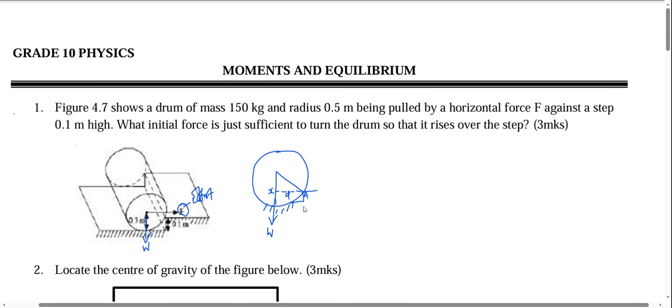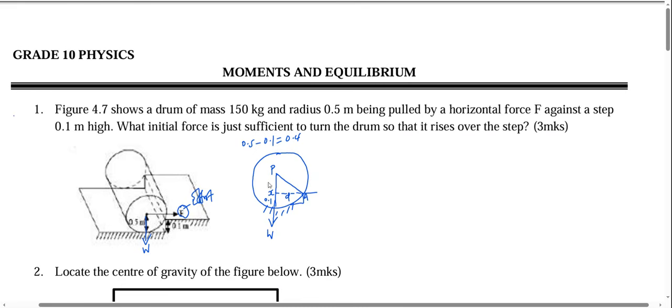I remember the distance from the ground to the step is 0.1, and the entire distance from the circumference to the center of this circular path is 0.5. Therefore, to get the remaining distance, let's say the distance PX, you take 0.5 minus 0.1 to get 0.4. Therefore, the remaining distance is 0.4.